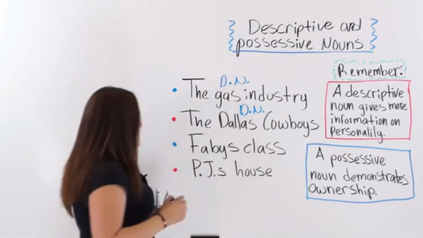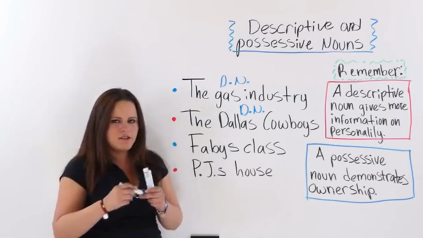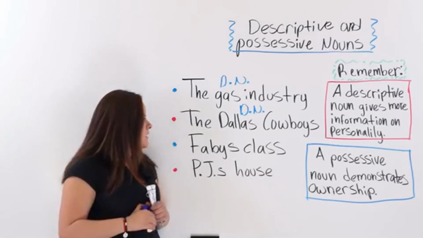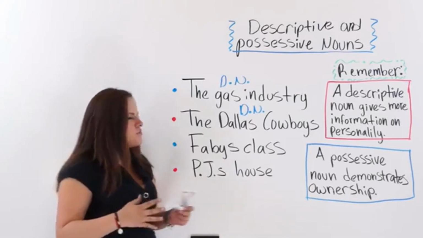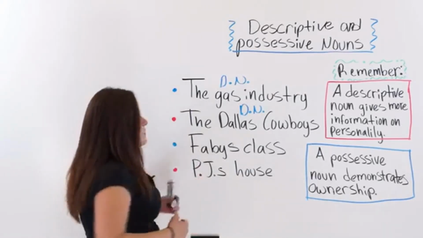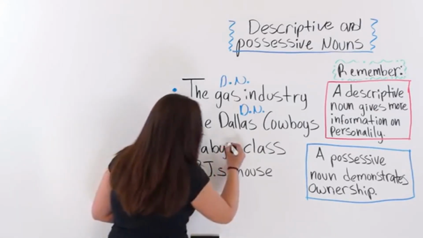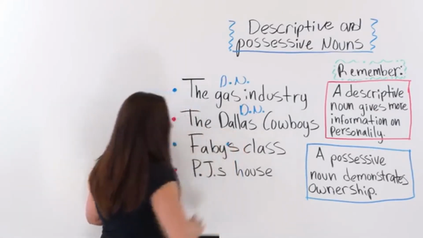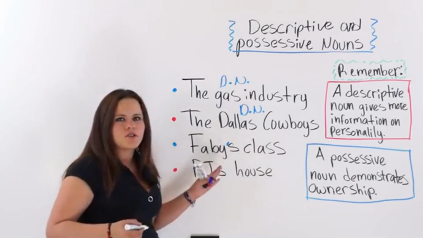The next one says Fabis class. Is that a descriptive noun? Fabis class. No, it is not. This one demonstrates possession, the class of Fabi. So here we are going to apply rule 2 and add an apostrophe. Fabi's class to show possession.